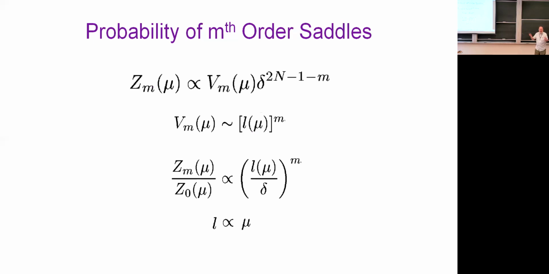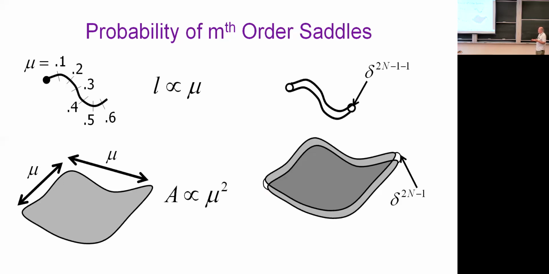Okay. So now let's just work it. That was picture. Now let's do it in math. So in math, what we're saying is that the partition function is the volume of these manifolds that depends on m with their mu structure times a little tiny bit that brings it up to the size of the space in dimension. Let me just go back.